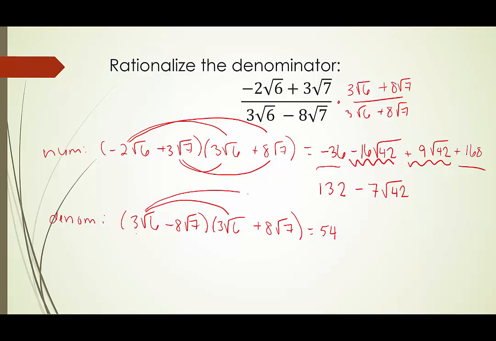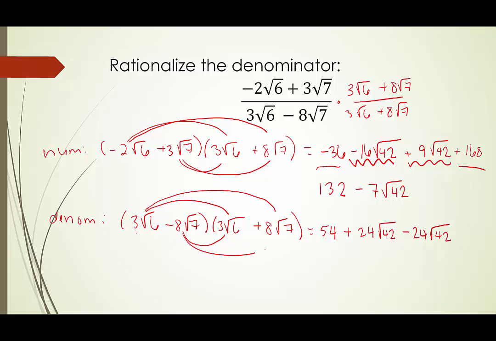3 radical 6 times 8 radical 7. 3 times 8 is 24. And radical 6 times radical 7 is radical 42. So that's going to be plus 24 radical 42. Here we have negative 8 root 7 and 3 root 6. That's going to be minus 8 times 3 is 24. Root 7 times root 6 is root 42.